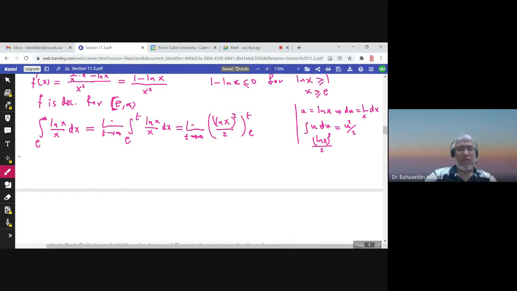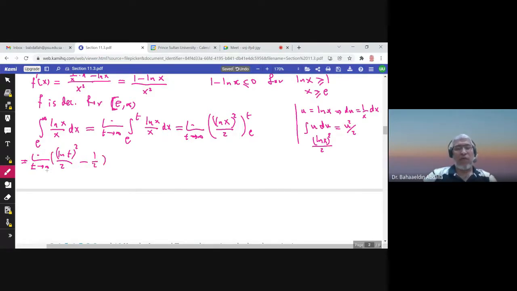And now this is equal to the limit as t goes to infinity of (ln t) squared over 2 minus ln e, which is 1, so minus half.